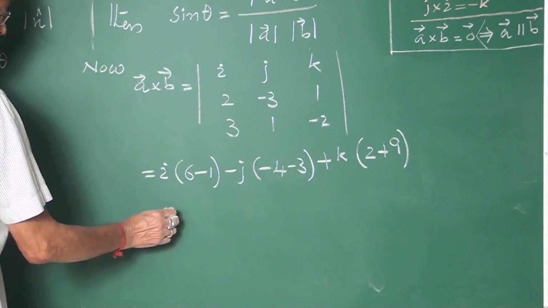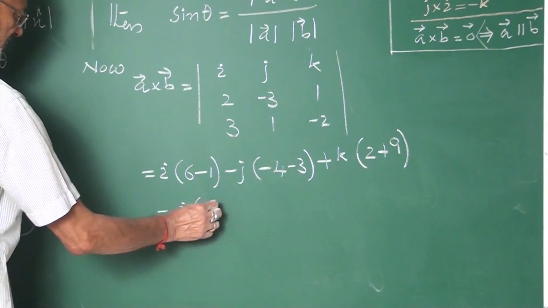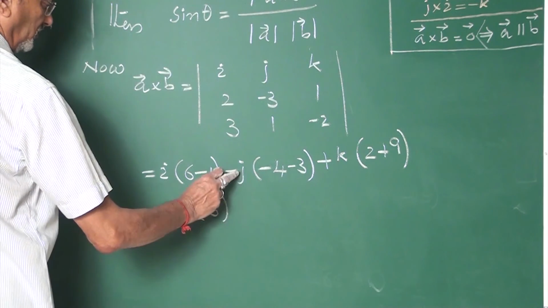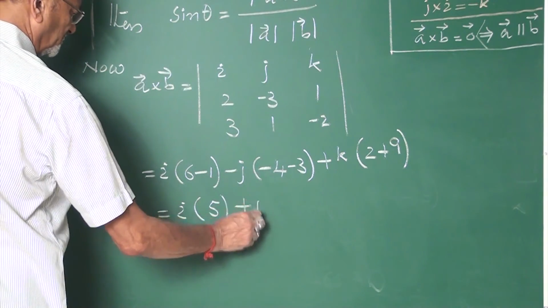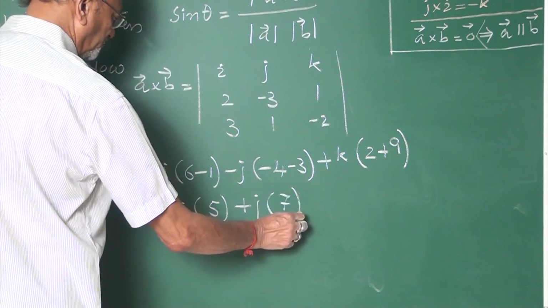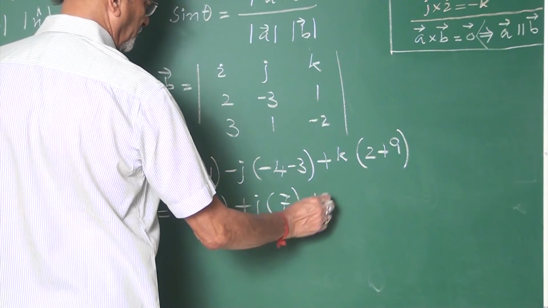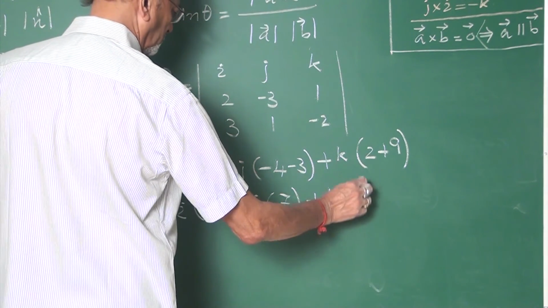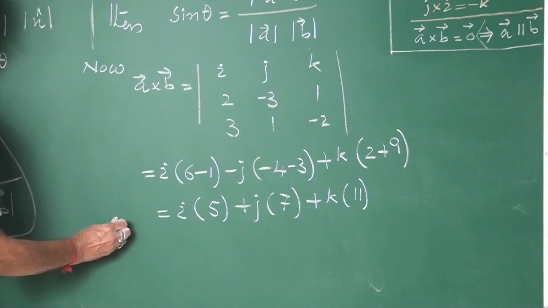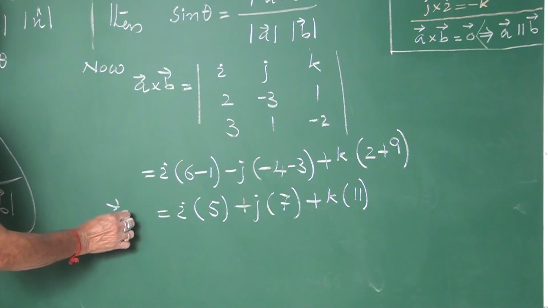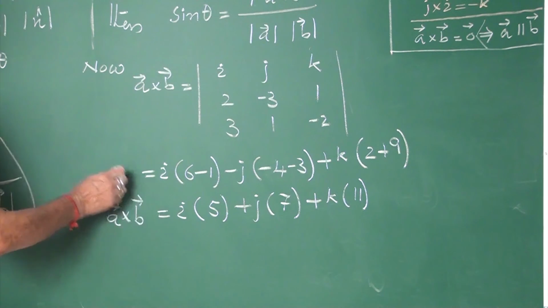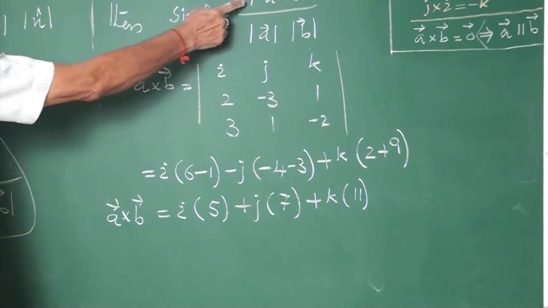This is i into 5 plus j into 7 plus k into 11. This is A cross B. Then you want its magnitude.